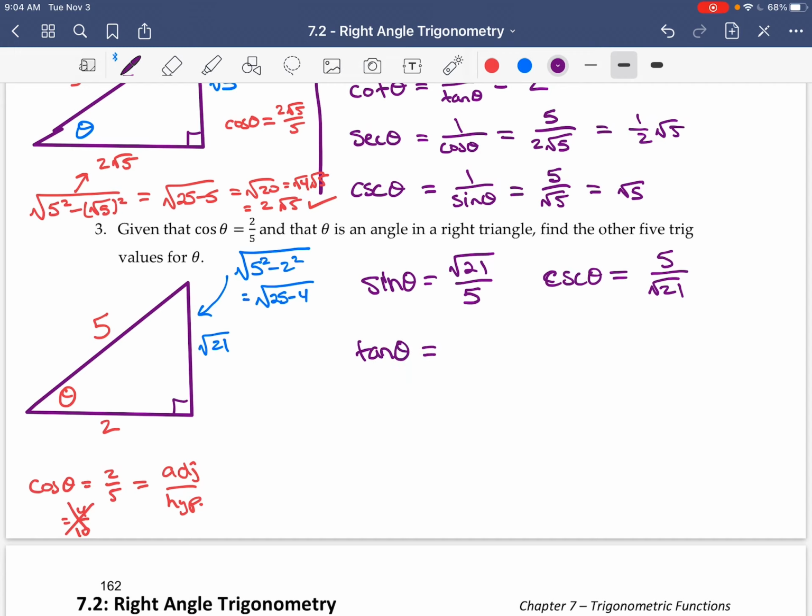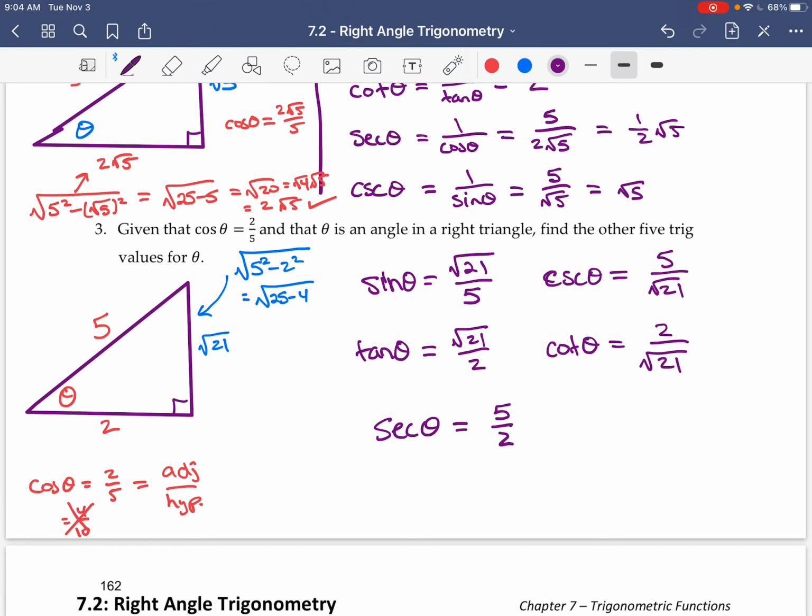Tan theta is going to be the opposite over the adjacent, so that's root of 21 over 2, which means that cotan theta is the flip of that, so 2 over root of 21. And then secant theta is the flip of cosine theta, so that's going to be 5 over 2. So there's the other 5 trig functions.